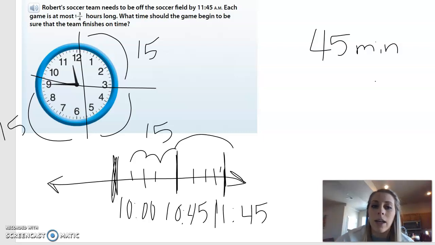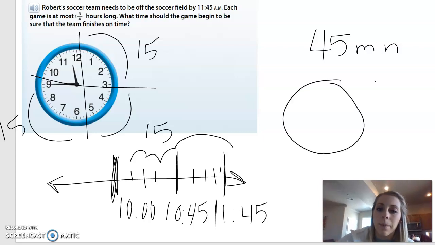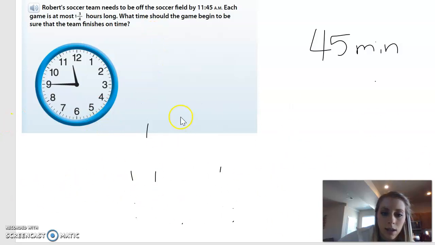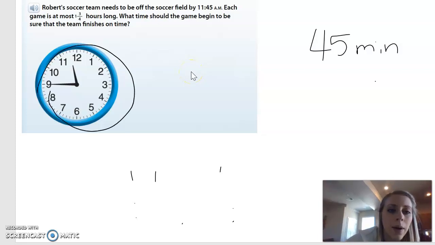Okay, another way we can do that is if we look at a clock here. Let me erase this and we'll look at our clock that they gave us. Okay, so they have our time set here for 11:45 a.m. If I go back a whole hour, my clock would actually move to 10:45.